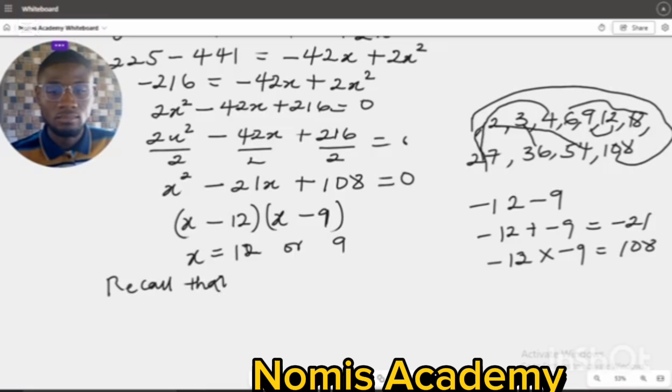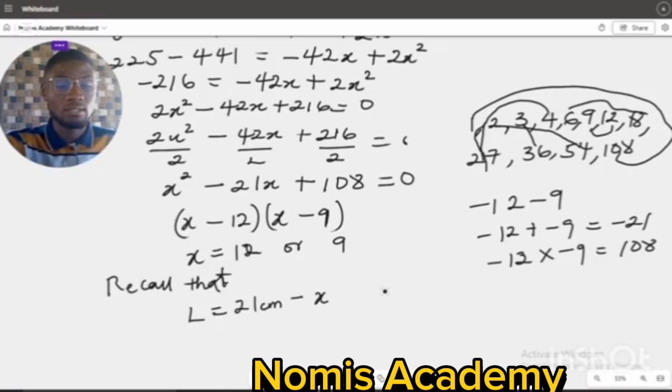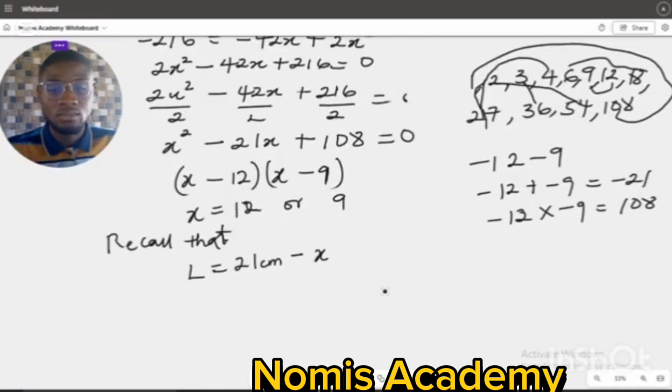the length of the rectangle is 21 centimeter minus what? Minus x, right? So let's continue. So I can now tell that the length of that rectangle is 21 centimeter minus 12, right?